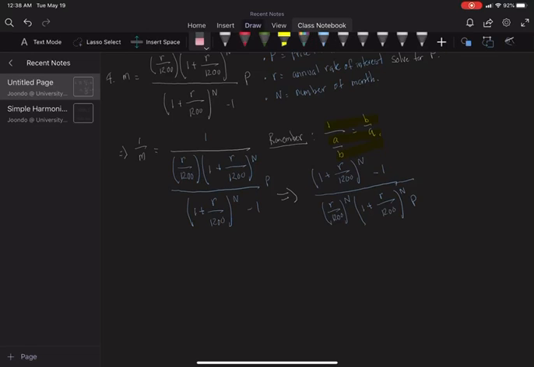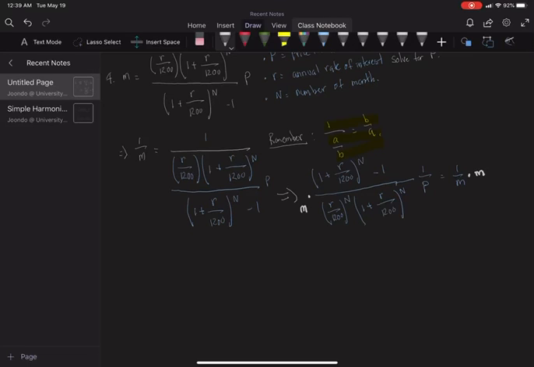I'm not going to write the P here. In fact, I'm just going to do it here. It's 1 over P, equal to 1 over M. Now, how simple is this? So now we multiply by M, both sides.